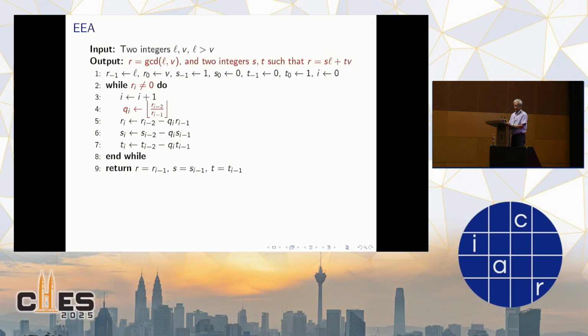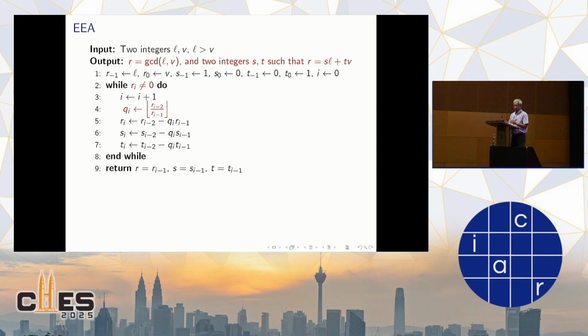On the other hand, the bit length of the T variables increases from 0 all the way up to the length of L. And when the algorithm terminates, the relationship that you see at the end of the output, that means R is equal to SL plus TV, if you take mod L on that, becomes R congruent to TV. So at the end, R will really be the GCD of the two inputs, and T is the byproduct of this algorithm, and V is the other input.